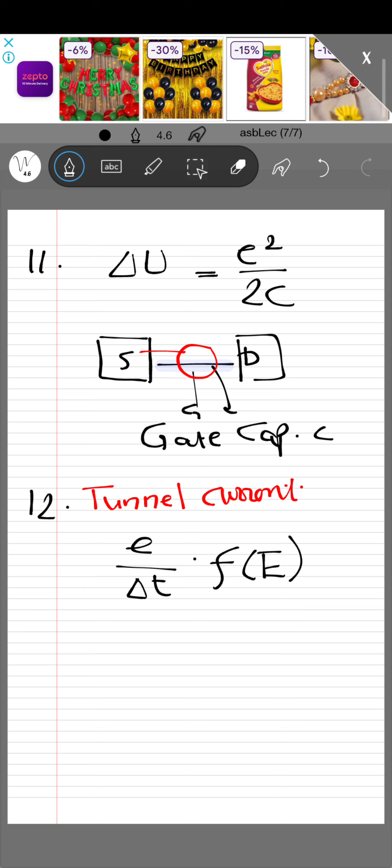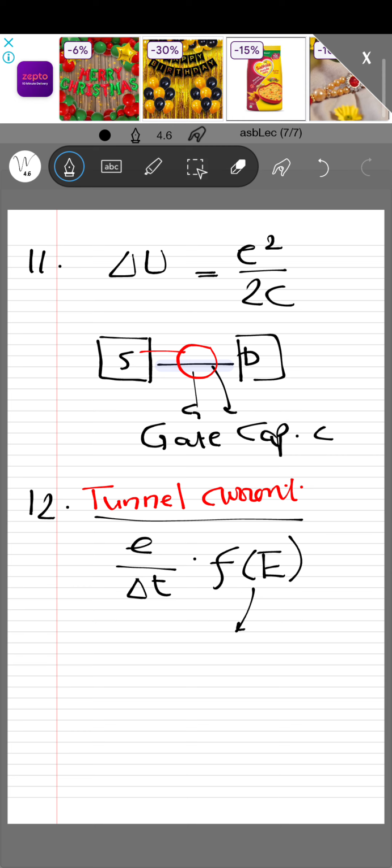Actually, since we are dealing with electrons, we are calling it the Fermi-Dirac distribution. Now, what is a Fermi-Dirac distribution? There are three types of statistical distributions. One is the Fermi-Dirac. The other two are the Bose-Einstein and the Maxwell-Boltzmann. So this Fermi-Dirac distribution describes the probability of an electron.